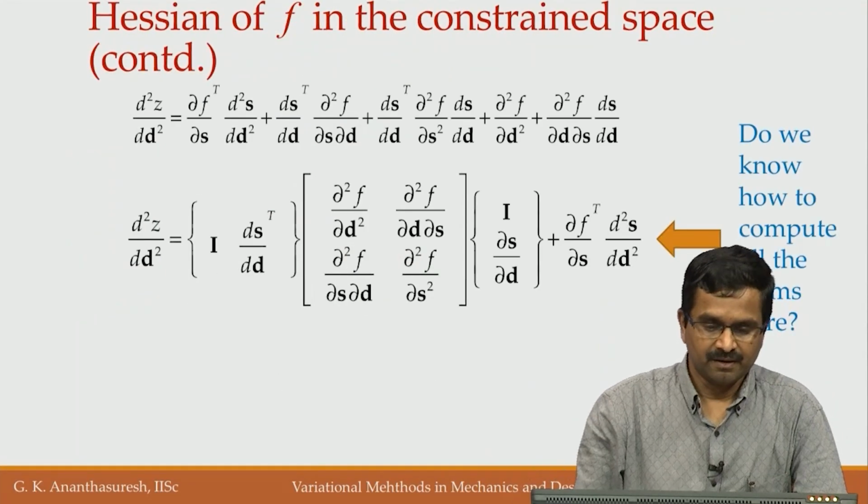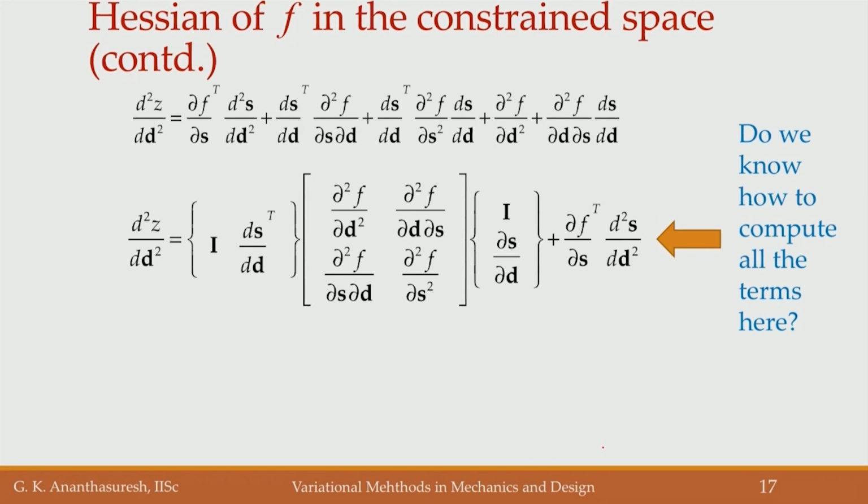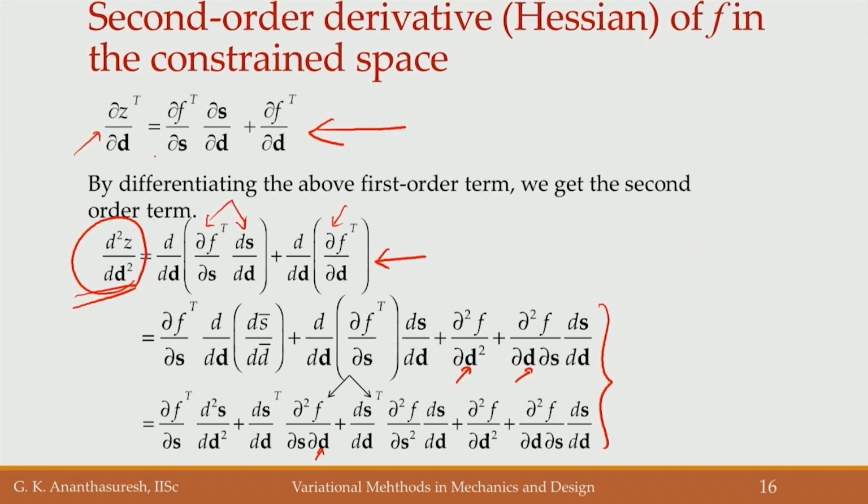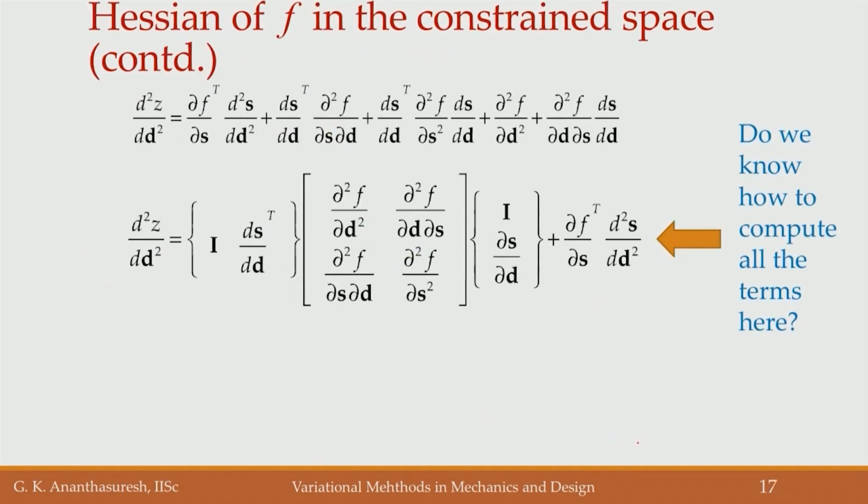Now, we have basically d square z by dd square from the previous slide. This lengthy one is reproduced here, and we are writing it in the matrix form. It is only rearranging these things, there is no other trick here. It is just a matrix form of the scalar expression in this form.